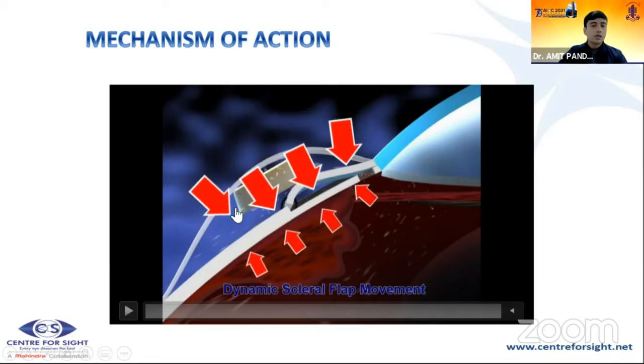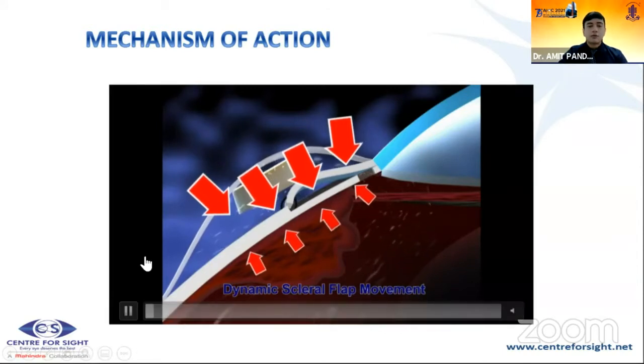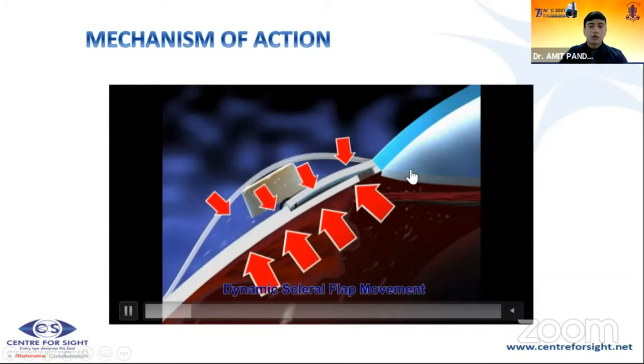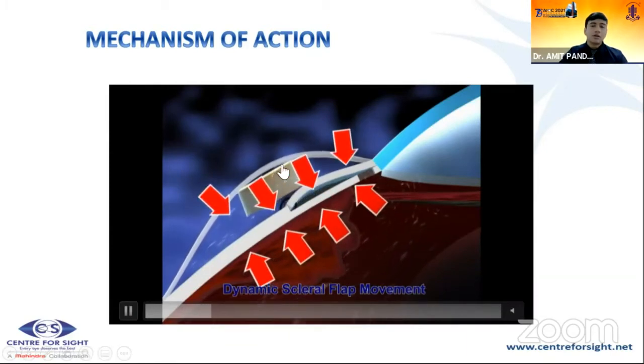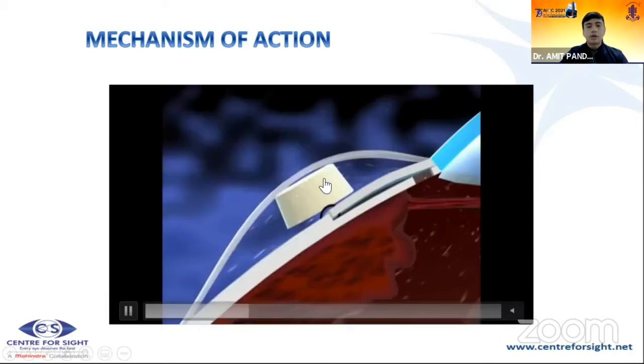And this Ologen, being a porous material, absorbs this aqueous, increases in its weight, and then presses down on the scleral flap to decrease the aqueous outflow. The reverse happens once the intraocular pressure decreases and less aqueous comes into the bleb area.